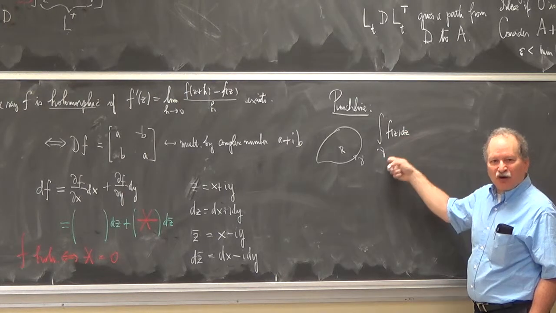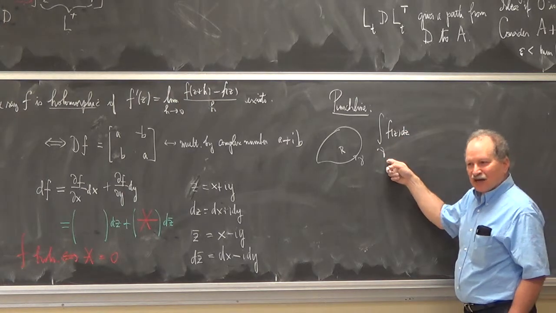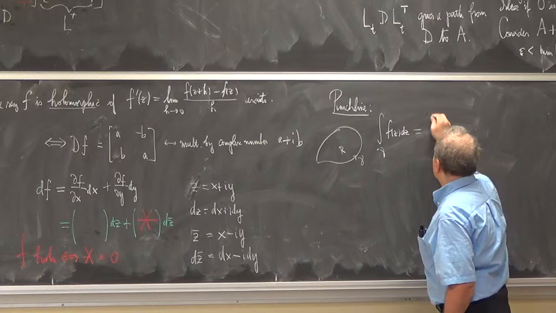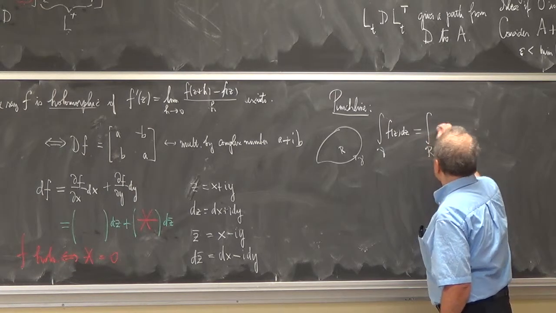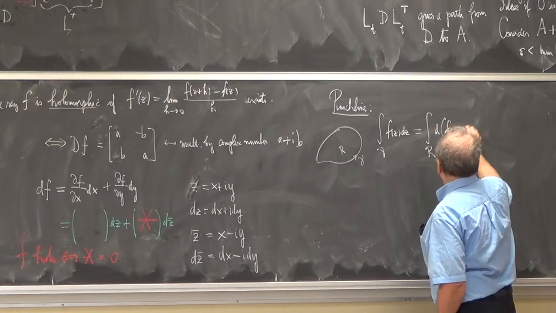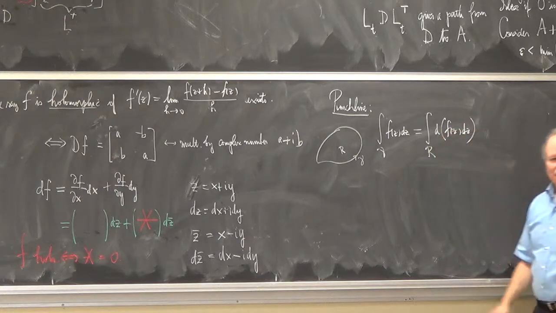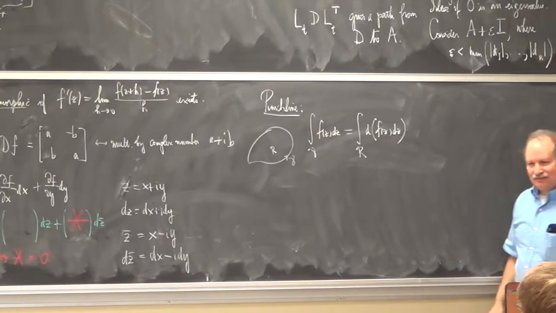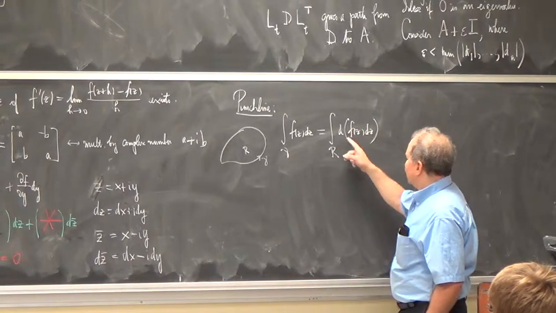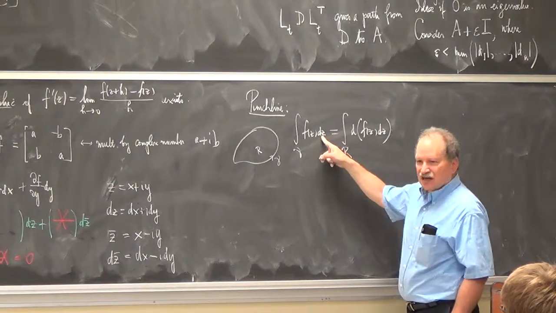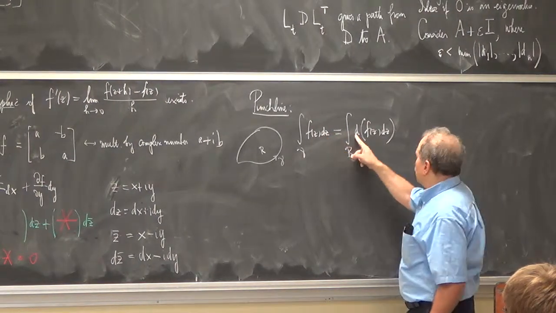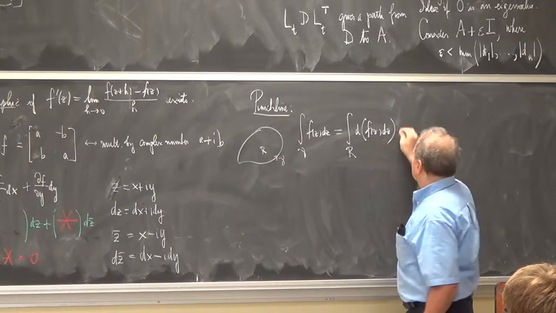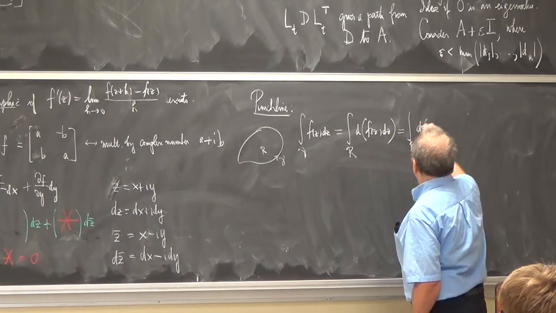Integrate the one form over the curve. By Green's theorem, it's the integral over the inside of d. That's a one form. It's a combination of dx and dy. Take d of this. What's the rule? The rule is you take df wedge dz.